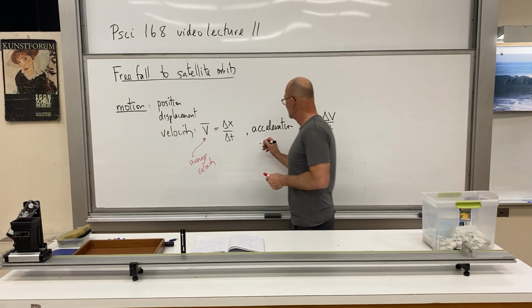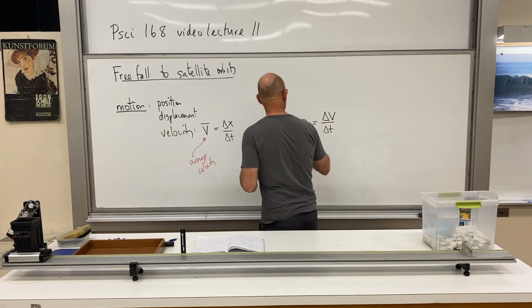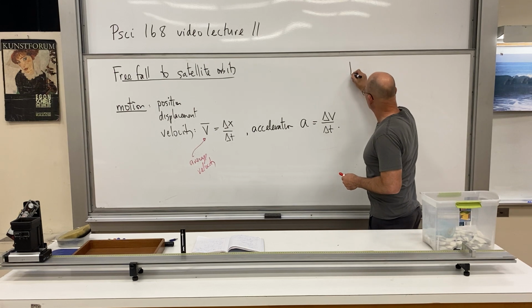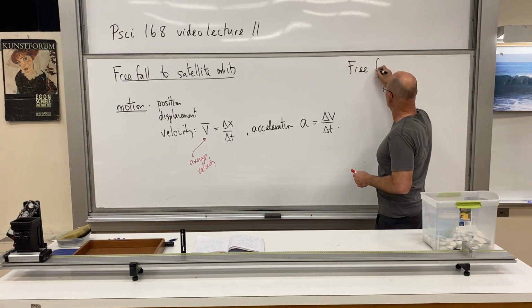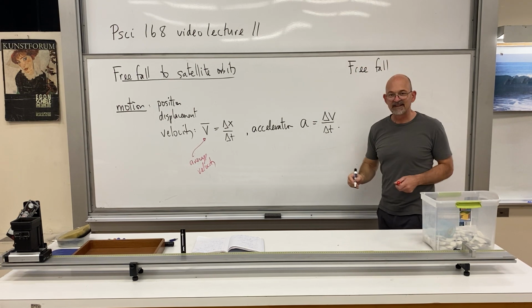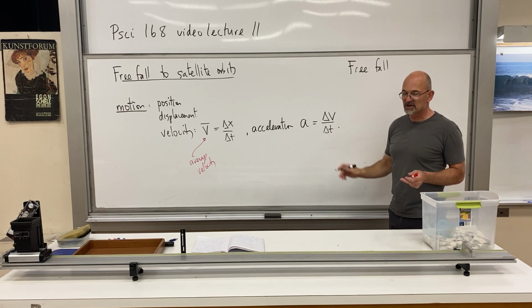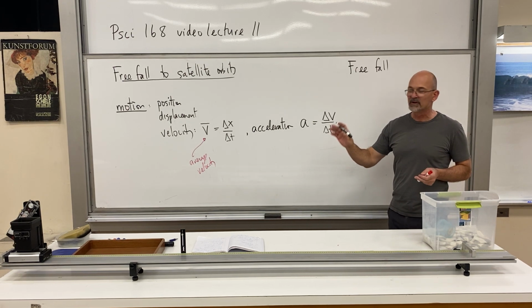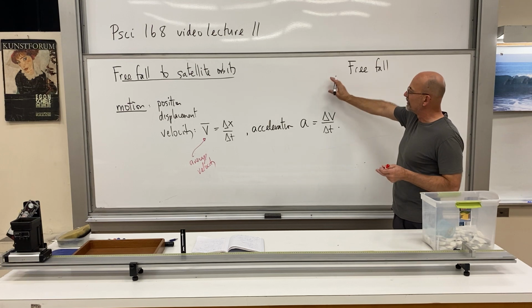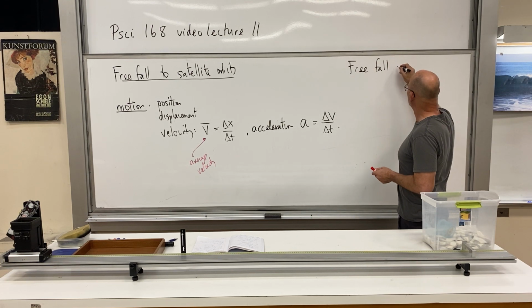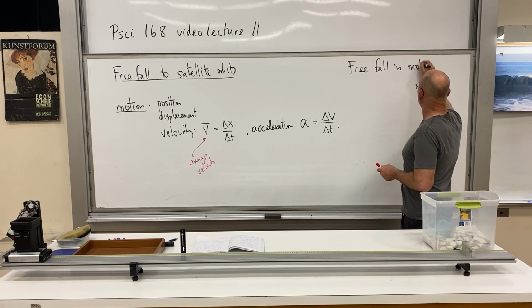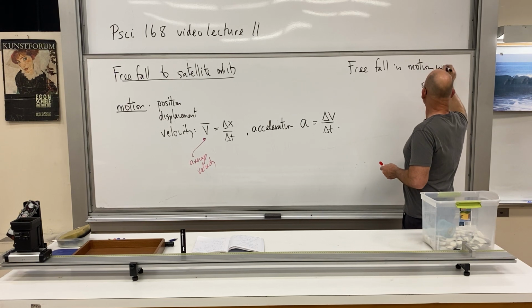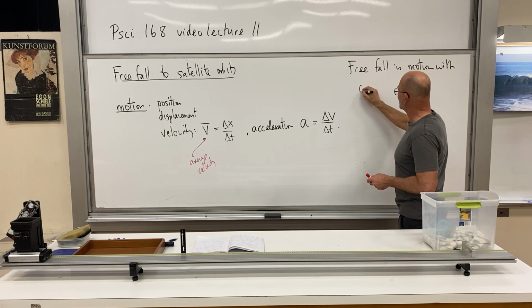Then we had free fall is motion. Free fall is motion with constant acceleration. Lack of friction, hammer, feather, remember the feather, all of that. But once we get to the essence of it, it is motion with constant acceleration.